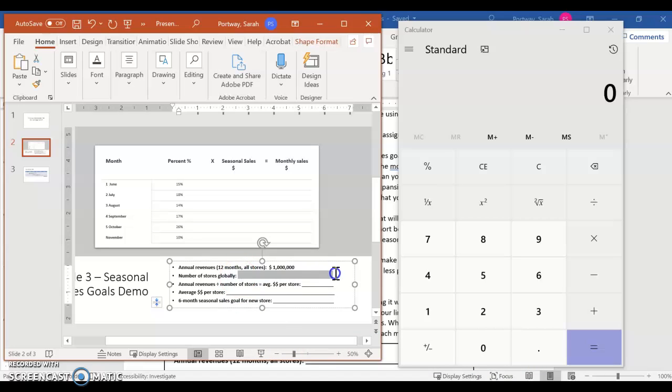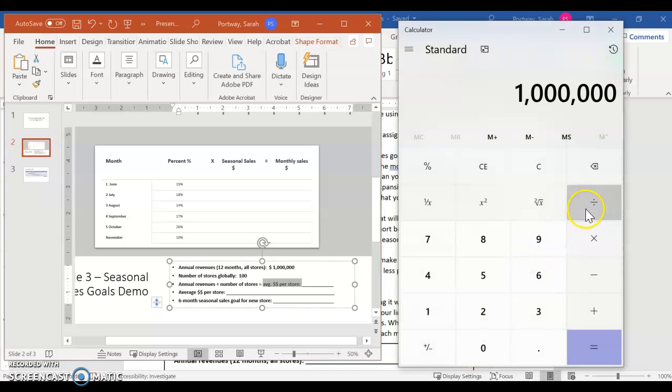And let's say that I have 100 stores globally, right? So to get this, annual revenue divided by the number of stores is going to give me the average dollars that we sell per store. So we're going to take $1 million and divide that by 100 stores.